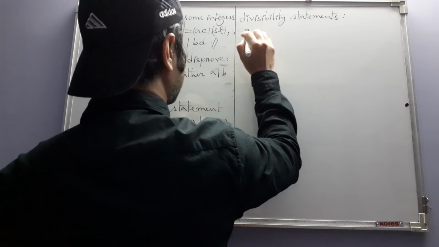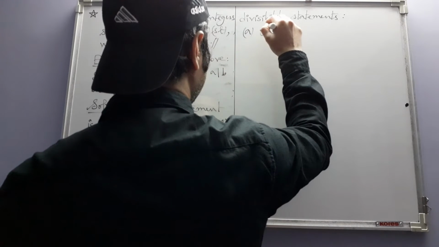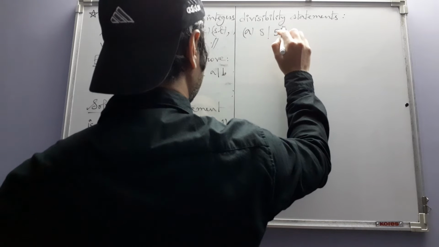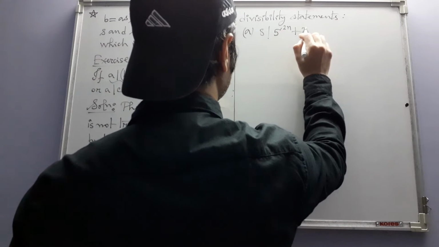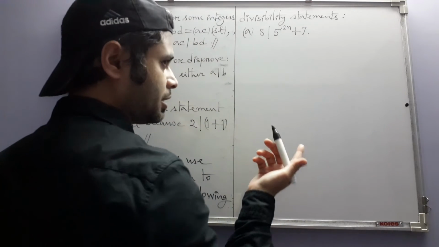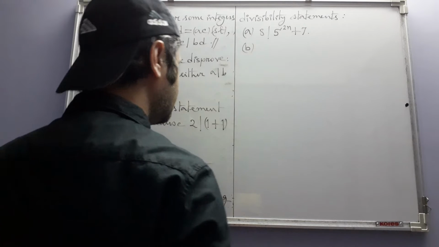So there are some parts now. 8 divides 5 to the power 2n plus 7. 8 always divides such numbers no matter what n is.